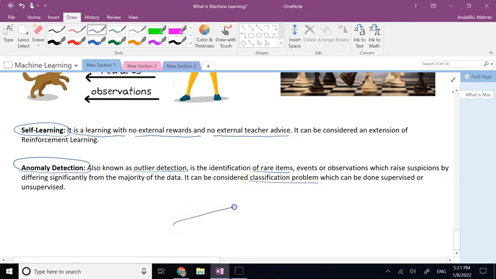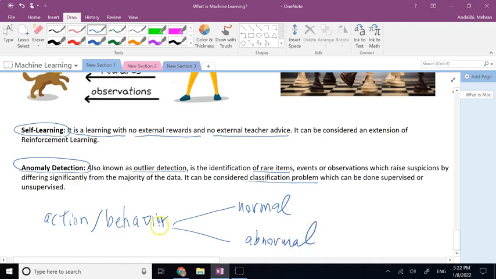So either the behavior, that action, whatever it is you're doing, is a normal action, or is it an anomaly? Abnormal, right? Let's say abnormal.